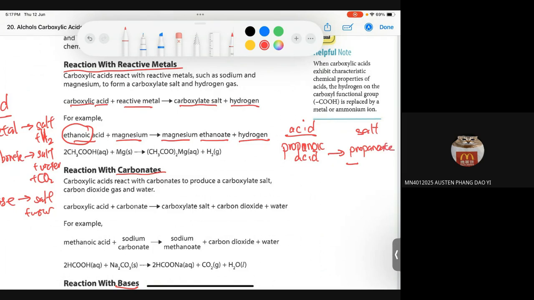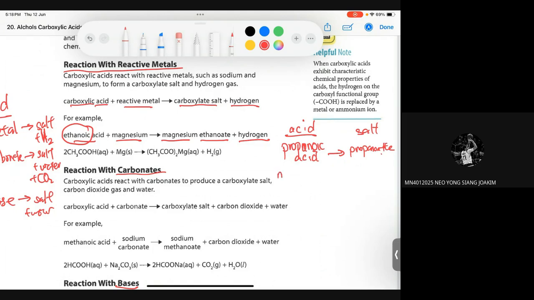Okay, propanoate. Is it okay? Thumbs up if okay. Mr. Eugene, is it propanoate or is it propanate? Propanoate. OATE, right? Okay.